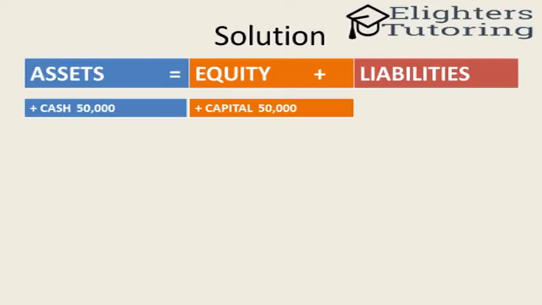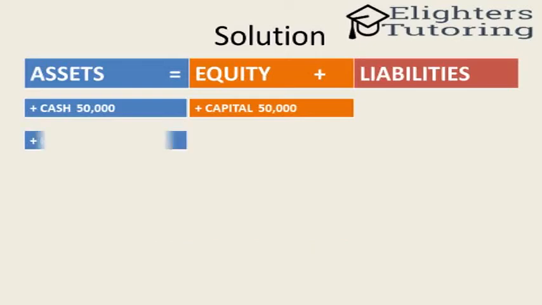Transaction number 2 is purchased goods on credit, $30,000. So you have purchased goods or inventory on credit. Here we have increased the goods in the business, so our inventory has increased by $30,000.